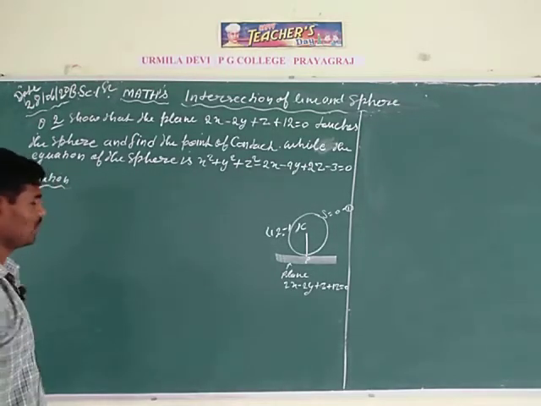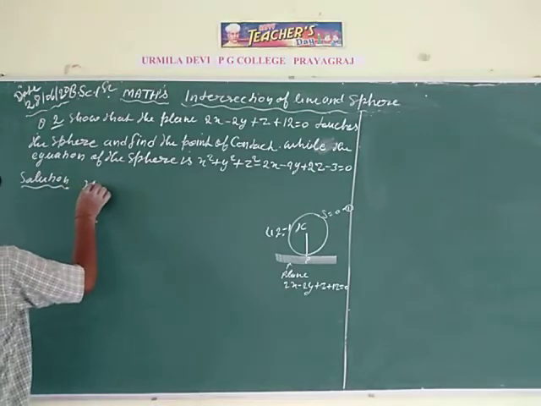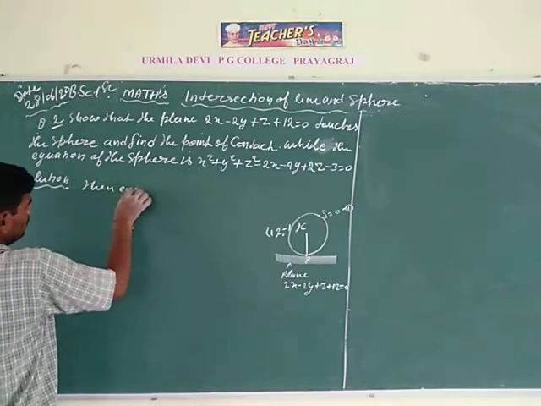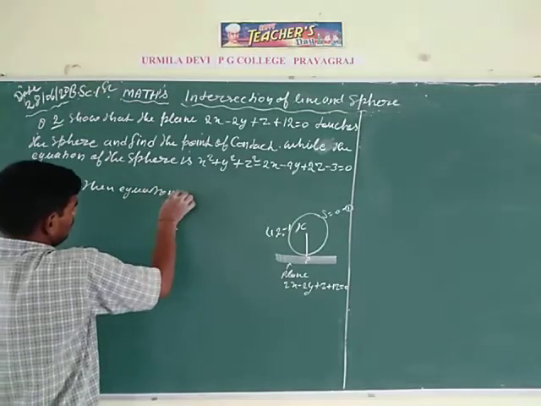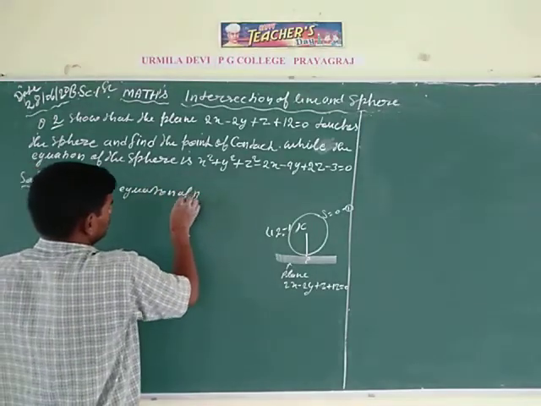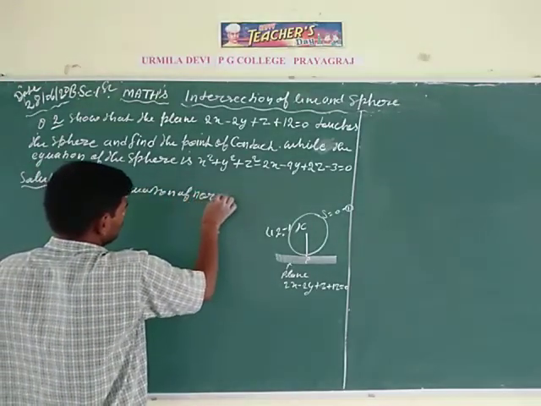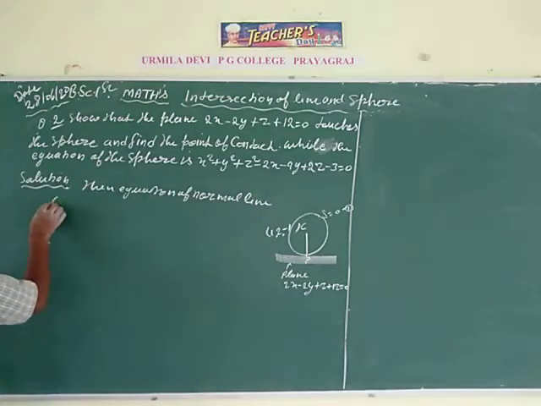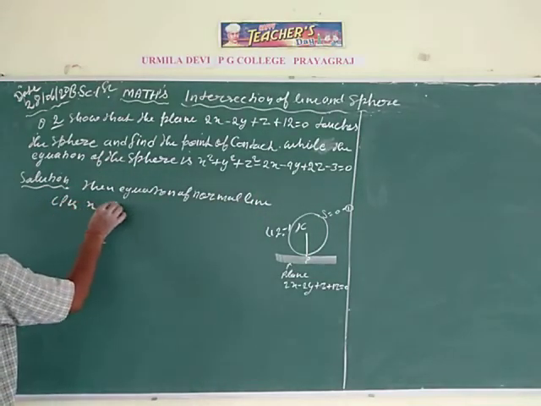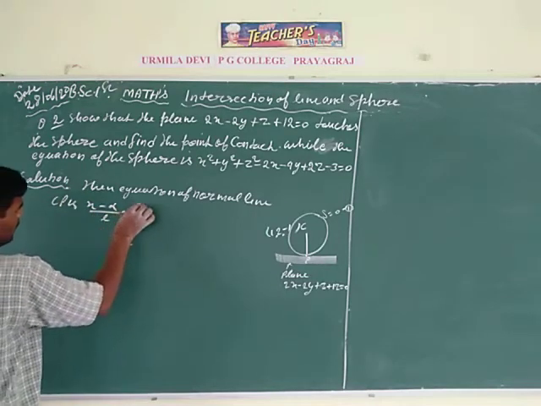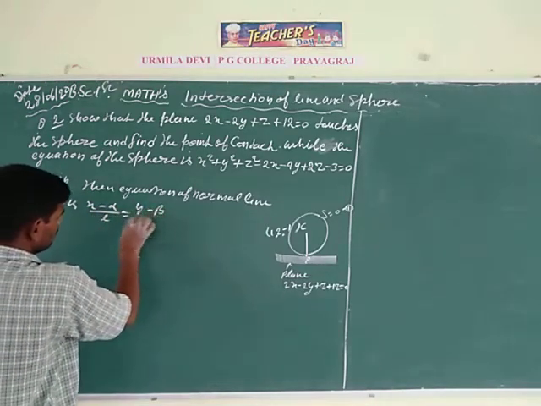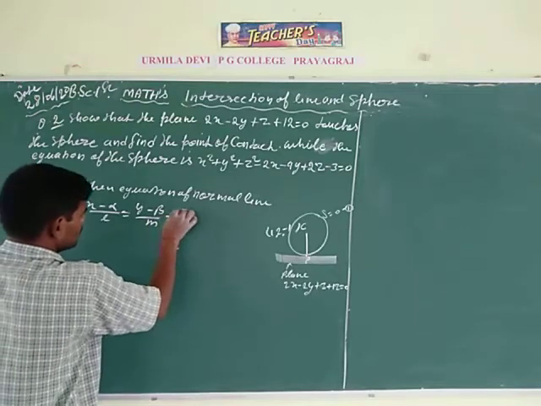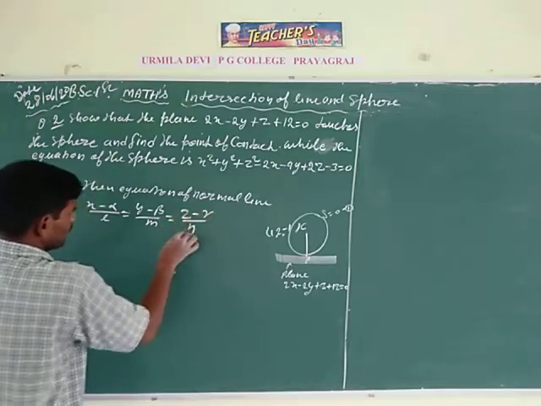Then the equation of normal line CP is (x minus alpha)/l, (y minus beta)/m, (z minus gamma)/n.